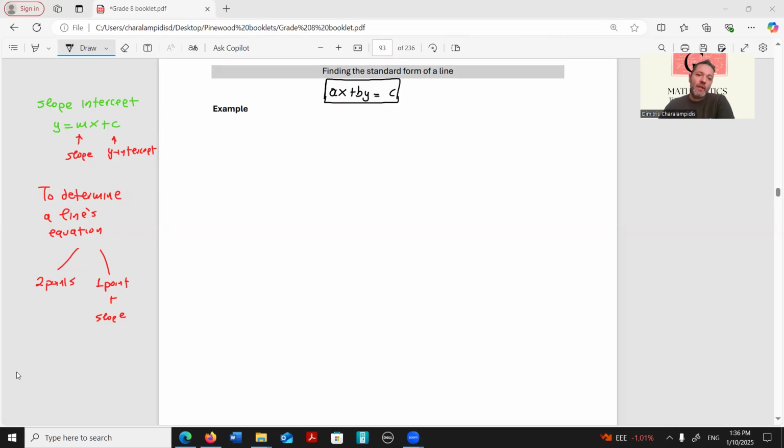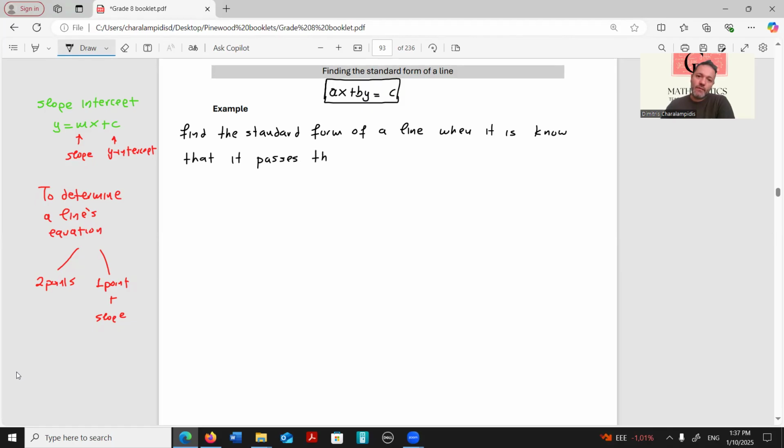Let's see an example. Find the standard form of a line when it is known that it passes through the points A(3, 6) and B(5, 10).